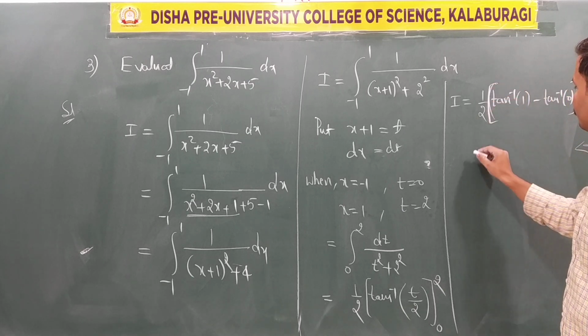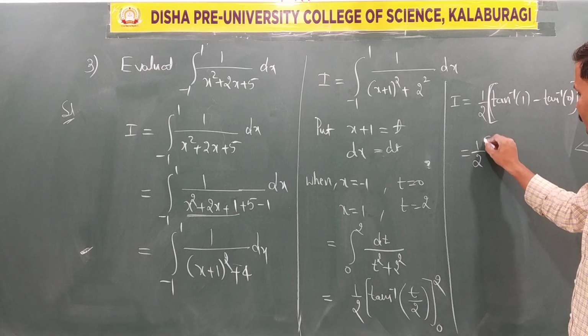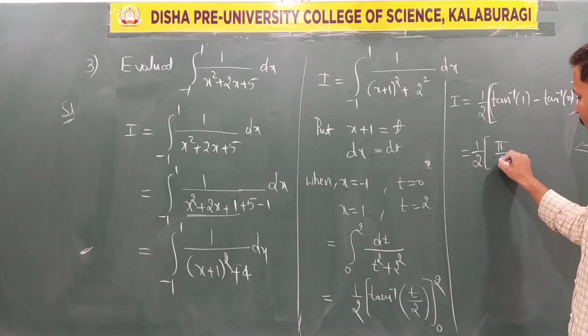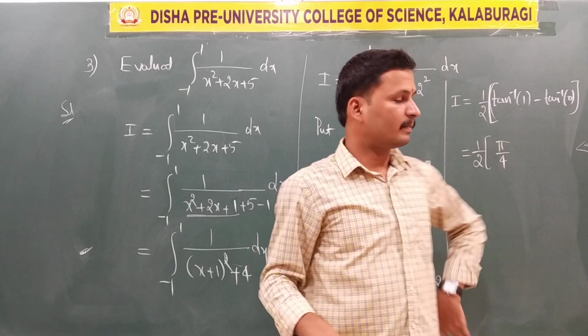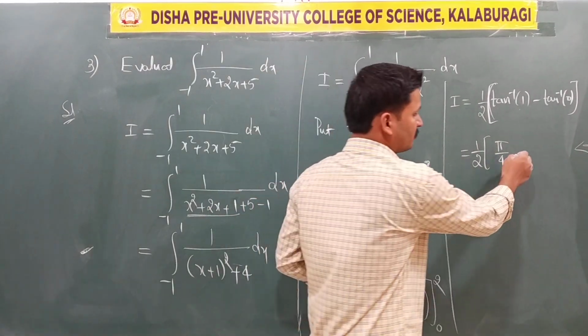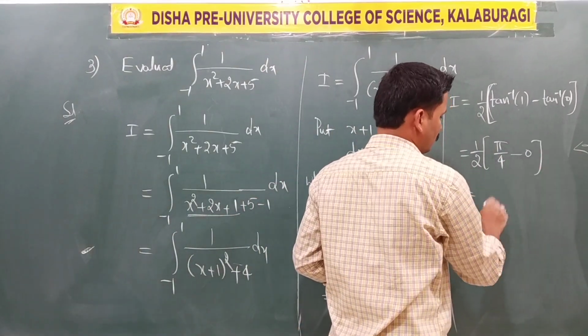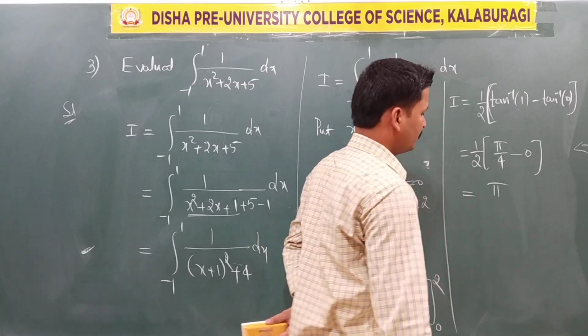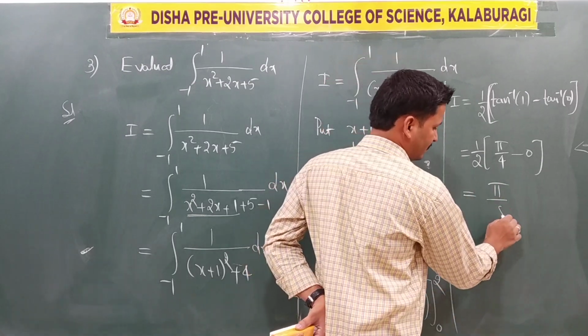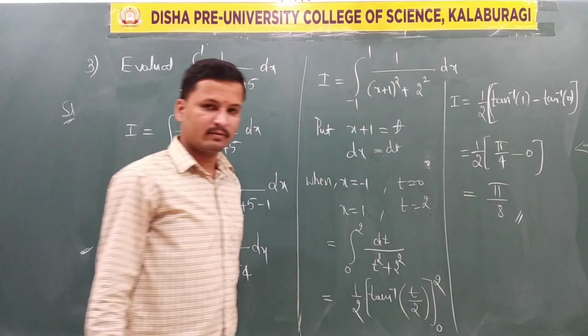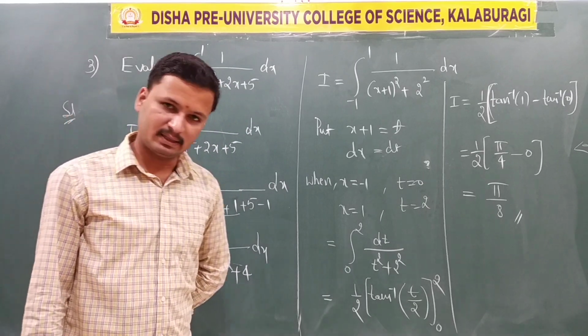Okay, yes. So 1 by 2 times tan inverse of 1 is pi by 4 minus tan inverse of 0, which is 0. So now the answer is pi by 4 into 1 by 2, that is pi divided by 8. So the value of the integral is pi by 8. Okay.